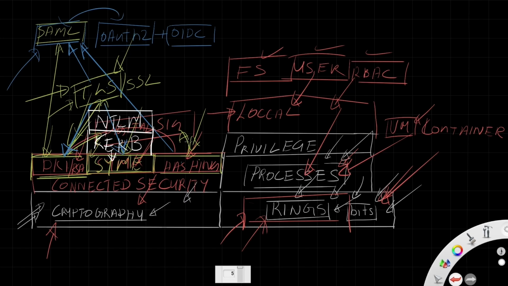Another thing worth discussing is, I have said there are two pillars, cryptography and the rings, the privilege rings. There are certain technologies or paradigms out there which use both of these. For example, secure boot. So I'm going to draw a block here which uses both the pillars.